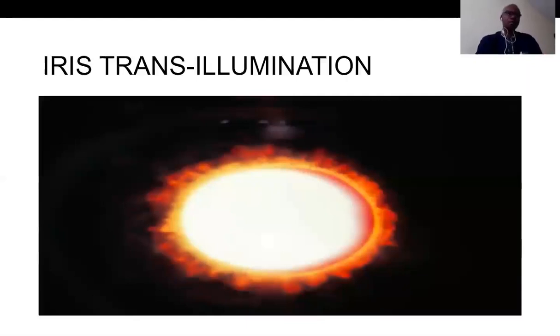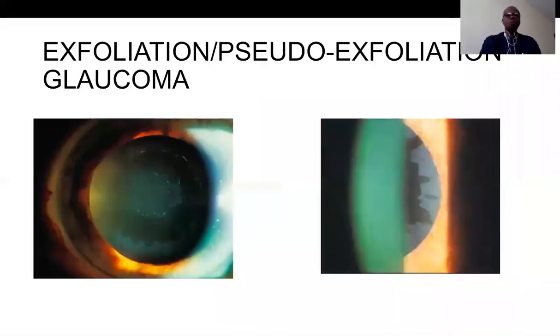For pseudo-exfoliation syndrome, generally, we talk about the exfoliation materials, and we look out for them, usually on the pupillary margin. But aside from that exfoliation material, we may also find trans-illumination of the iris, which is shown in this particular picture. Aside from that, when the patient with pseudo-exfoliation is dilated, we will find this target appearance.